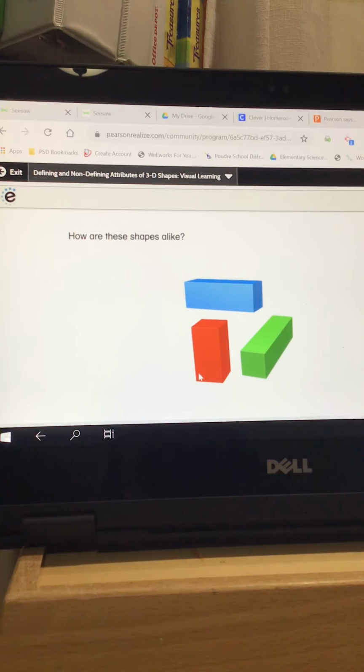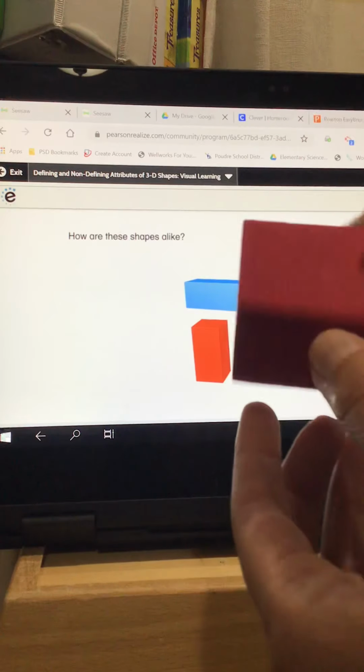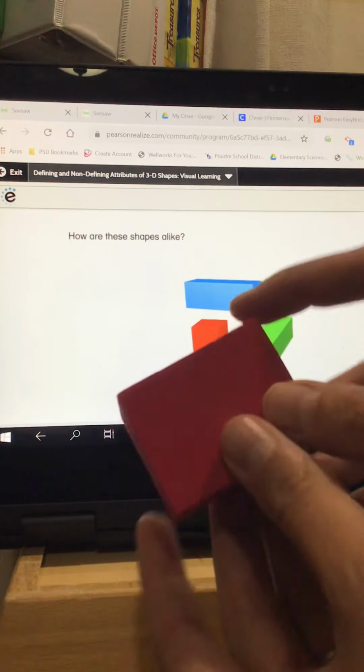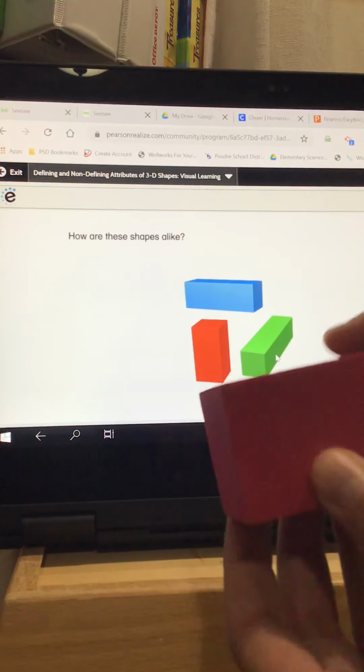These are all rectangular prisms. They are alike because they have how many sides? Let me find one right here. 1, 2, 3, 4, 5, 6 sides. 12 edges, 4 on each side.